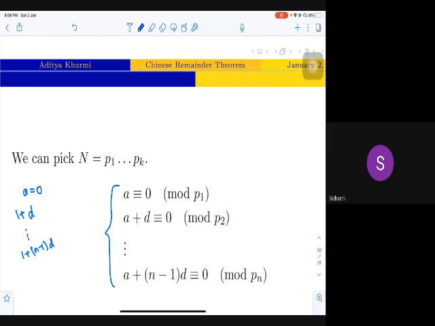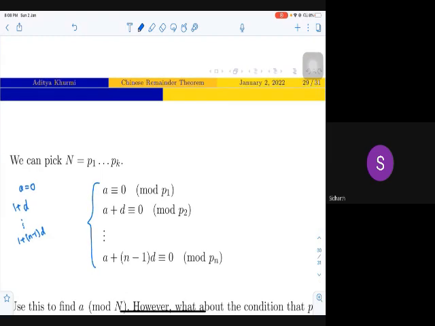So yeah, this definitely works, but something simpler we could do is, instead of choosing a to be 1, we choose a to be the main subject. So a is congruent to 0, a is congruent to minus d, a is congruent to minus (n minus 1)d.